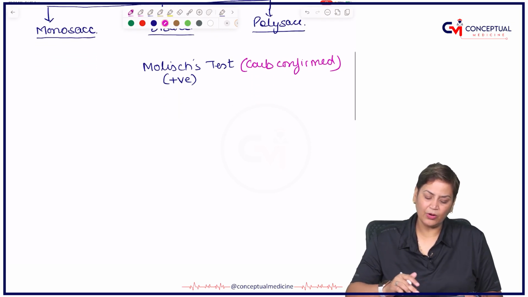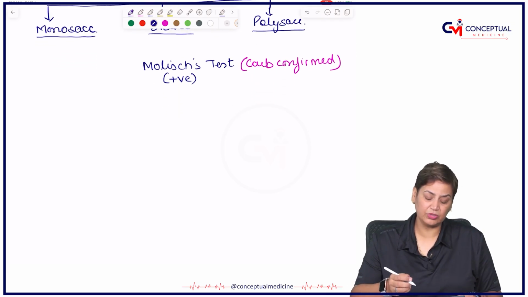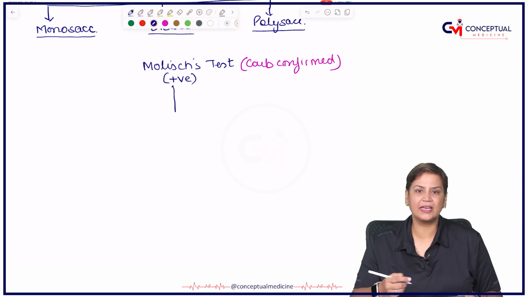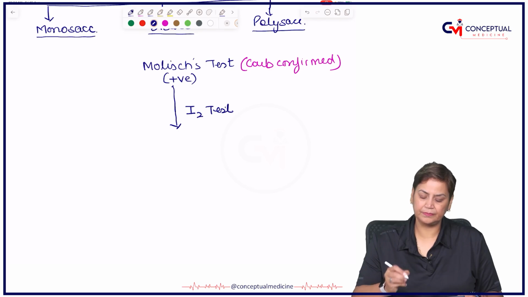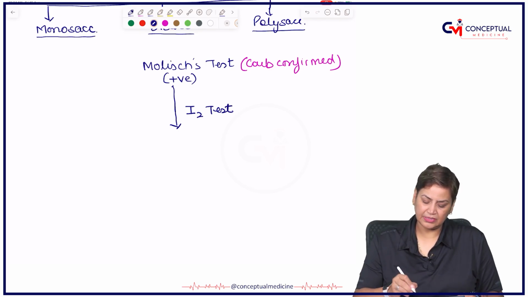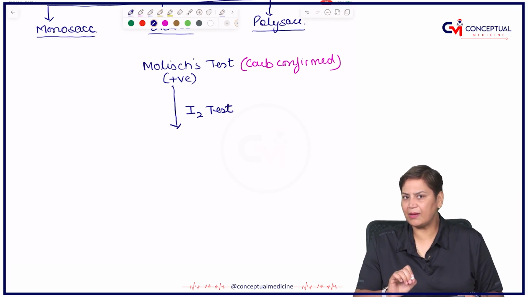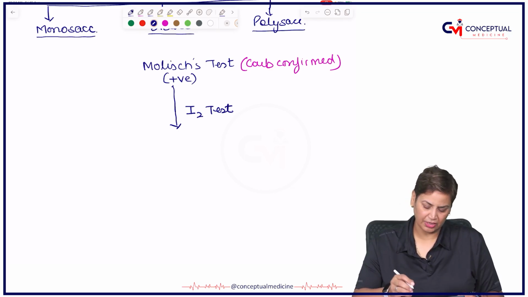Now once a carbohydrate is confirmed, we have to see whether it is a monosaccharide, a disaccharide or a polysaccharide. For that we perform the iodine test. Simply, we take the sample and put iodine solution into it.